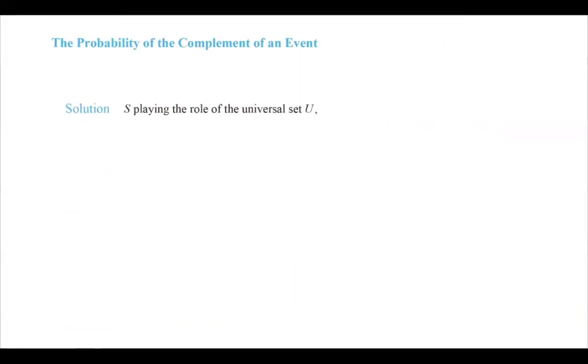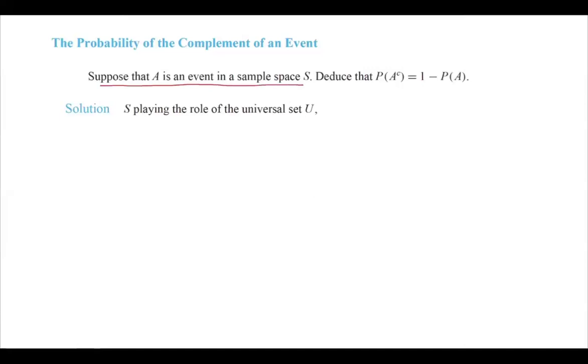To find the probability of the complement of an event, we have the following rule. If A is an event in sample space S, then the probability of its complement is 1 minus the probability of that event.